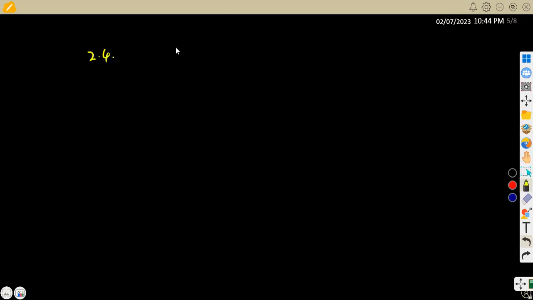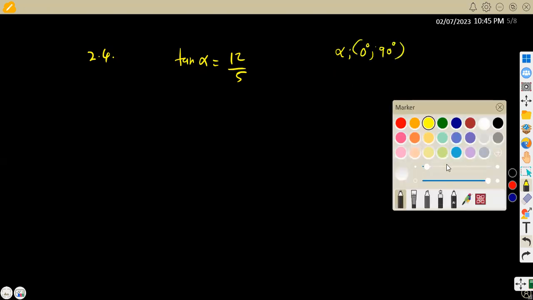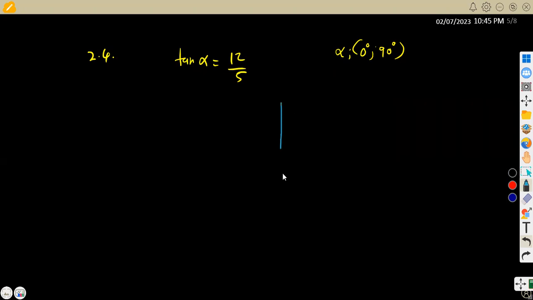We are given tan alpha as 12 over 5, and alpha is taken from 0 to 90. This is the first quadrant. If you check, guys, from your quadrants, we know that our angles are taken in an anti-clockwise direction for them to be positive.